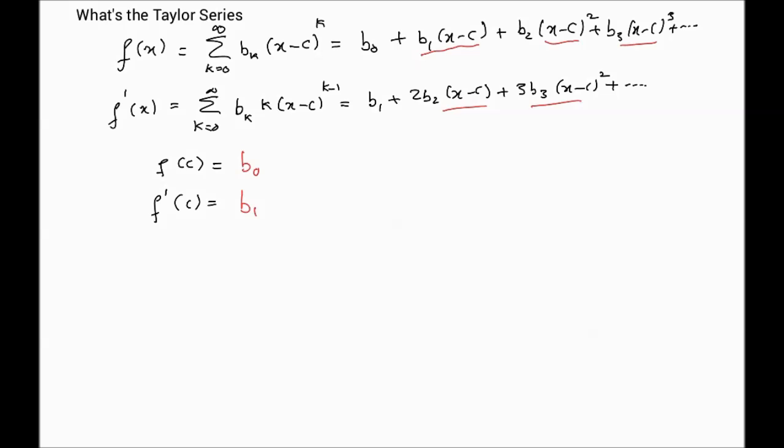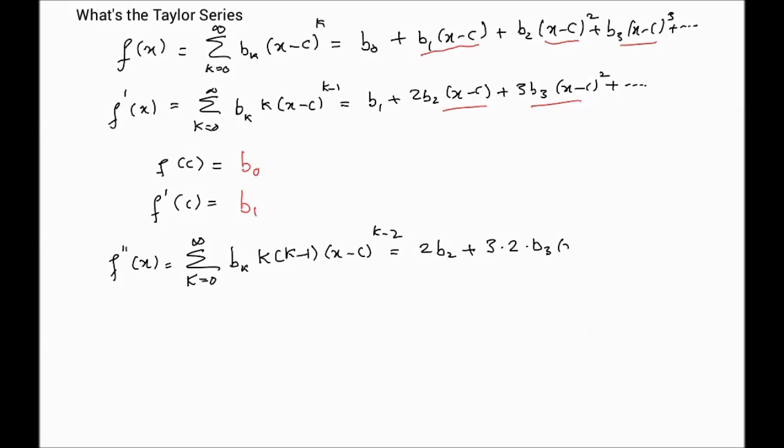But let's do some more calculations. Let's calculate now the second derivative. It's quite simple to calculate. It's just going to be bk into k into k minus 1 into x minus c to the k minus 2. And of course, term by term, it would mean 2b2 plus 3 times 2 times b3 into x minus c plus, and so on.